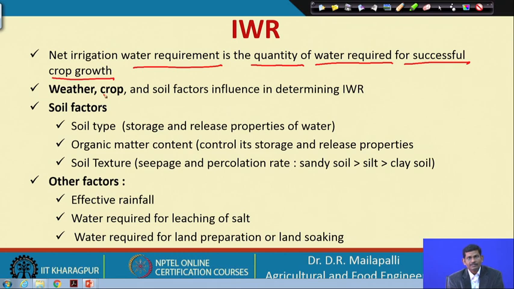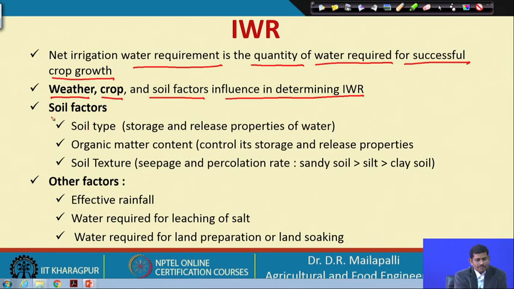That is why the water amount is more than the crop water requirement. Weather, crop, and soil factors influence the irrigation water requirement, just like they do for evapotranspiration and crop water requirement, which we discussed for the other two parameters.